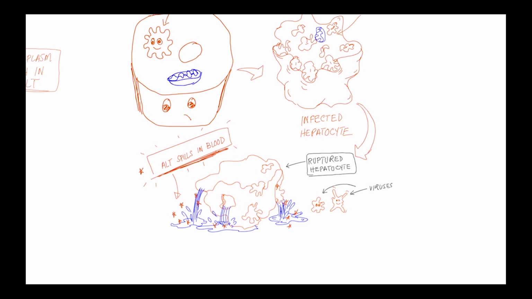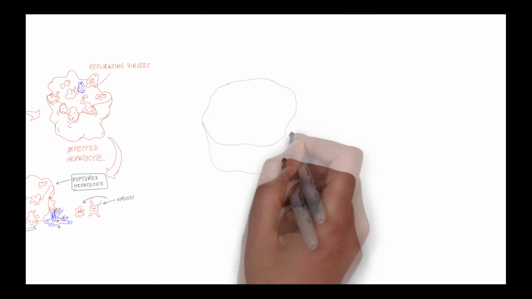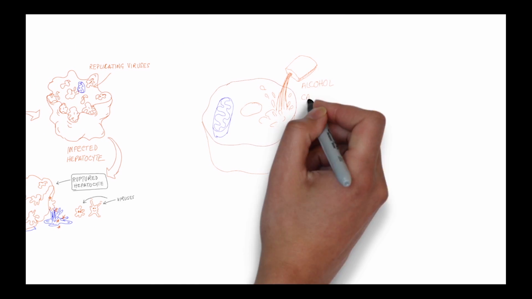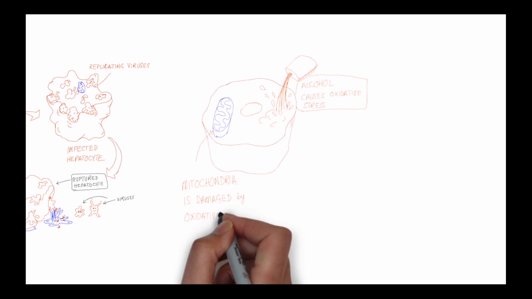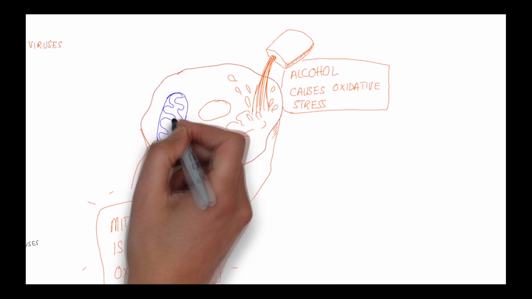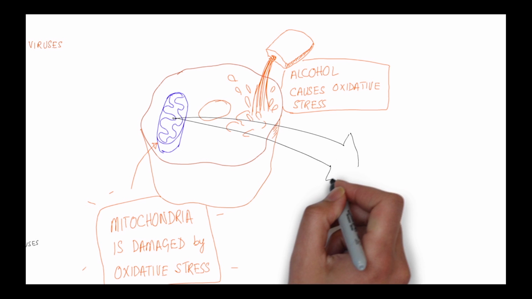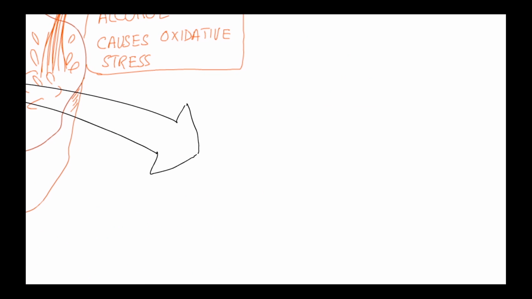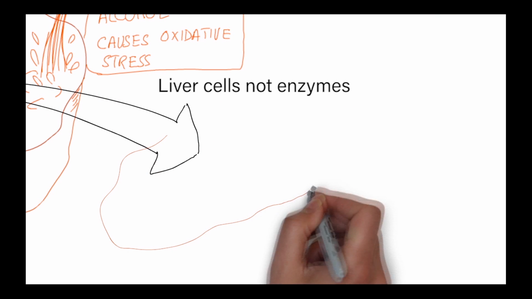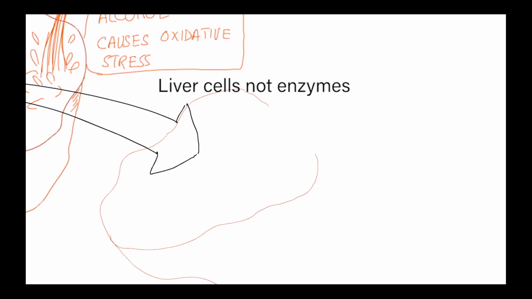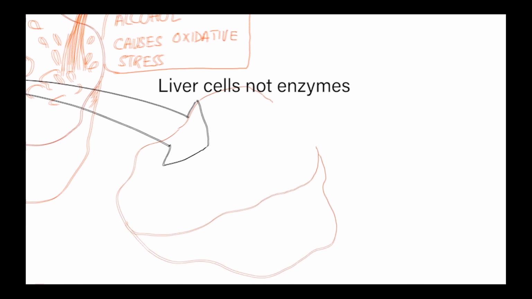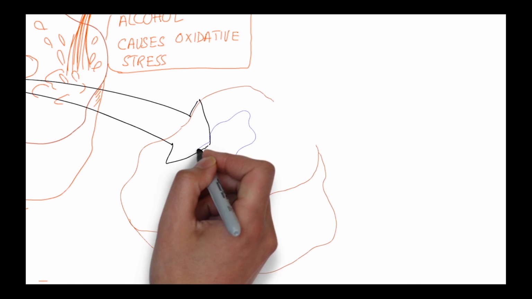On the other hand, in the chronic alcoholics, the problem is that the liver is metabolizing a lot of ethanol or alcohol. That increased metabolism of alcohol causes oxidative stress on the liver enzymes. Can it cause the stress on the other cells? Yes, but the liver is the primary target because it has to break down the alcohol.